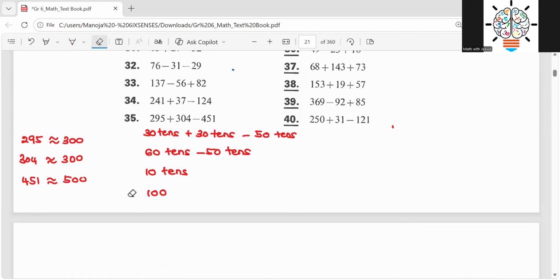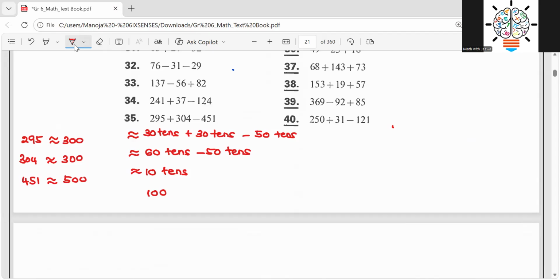So here you can use the approximate values, right? So it is not equal. You can write something like this. This is what you want to show, right? 300 means 30 tens, 300 means 30 tens, 500 means 50 tens. By any chance, if they have asked you to make it with hundreds, how are we going to do it, children? You write 300 means 3 hundreds, again 3 hundreds.